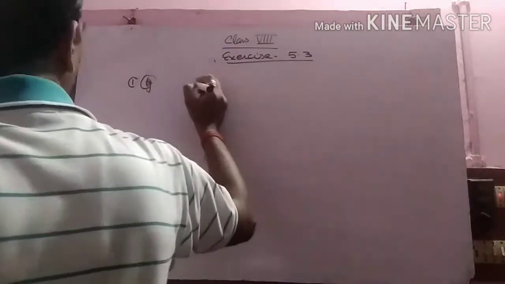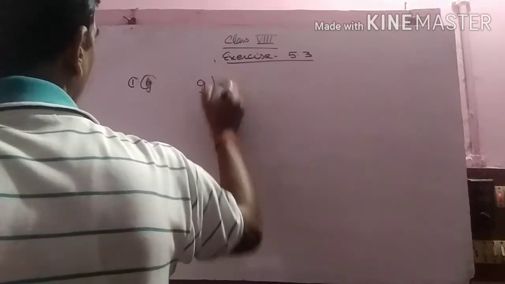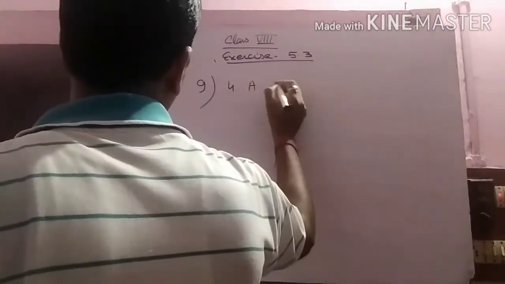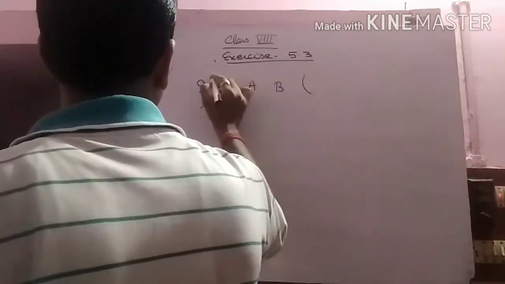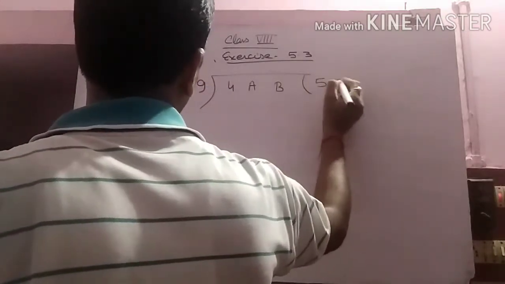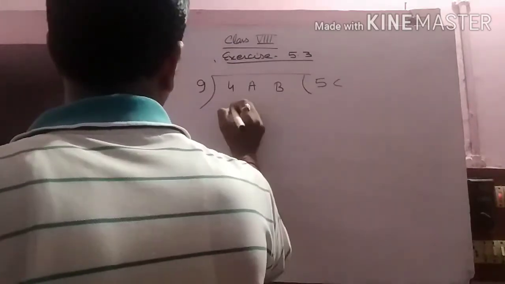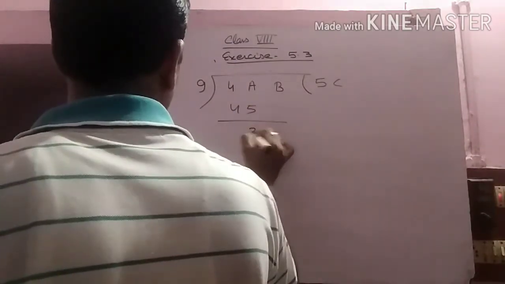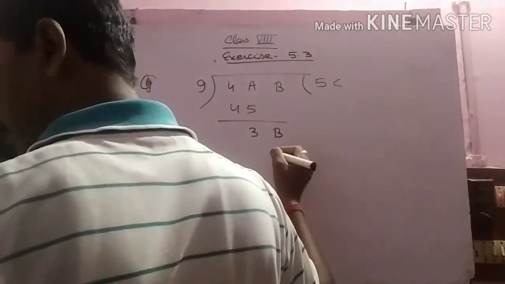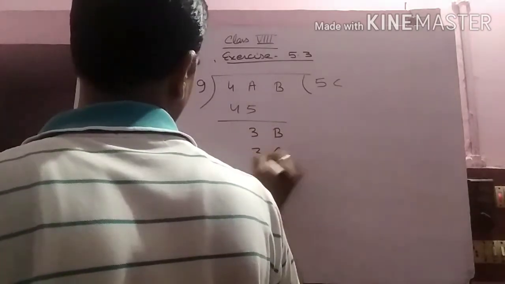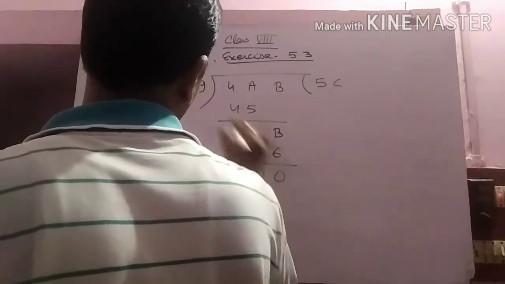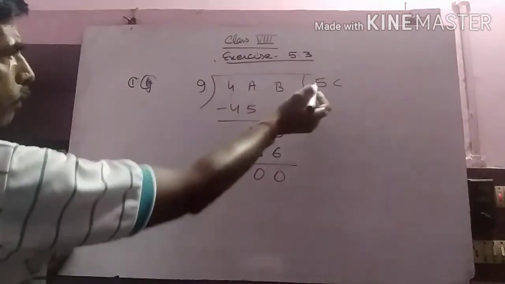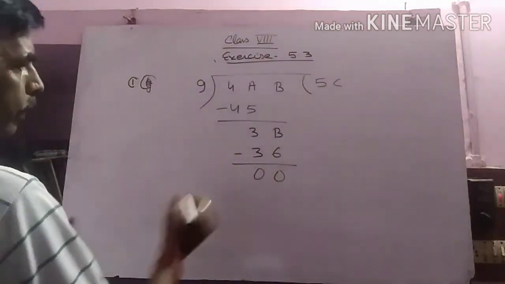The next question is G, which is 9 is divisor and 4A, B is dividend, 5 and C is quotient, 45 is given here, 3B is given here, 36 is given here, and the result will be 0. Okay. So look here, 9 and 5 is given.